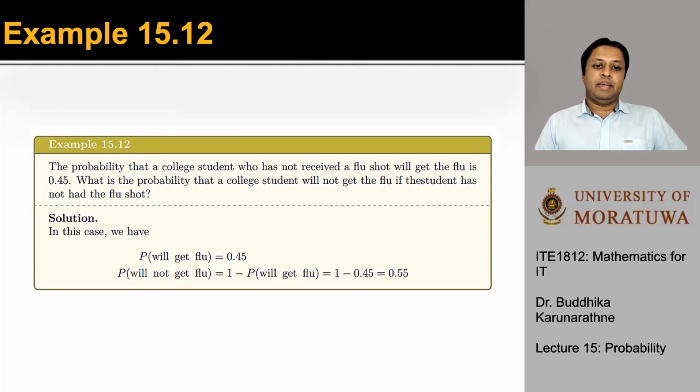The probability of getting the flu is 0.45, so the probability of not getting the flu is 1 minus 0.45, which is equal to 0.55. This is a pretty straightforward example of the use of the complement of an event.